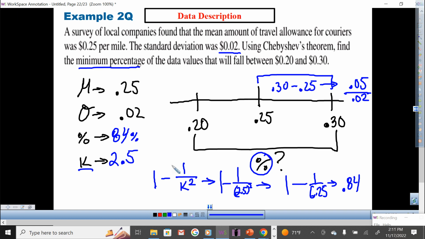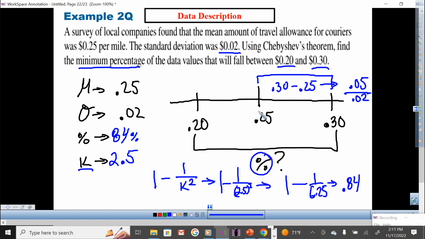From 1 to 5, how comfortable are you with that? 4s, 5s, okay. So let's go through the process one more time. We needed these 4 pieces of information. They only gave us 2. How do we find k first? Well, we first got our mean, and then the ends were 20 and 30.